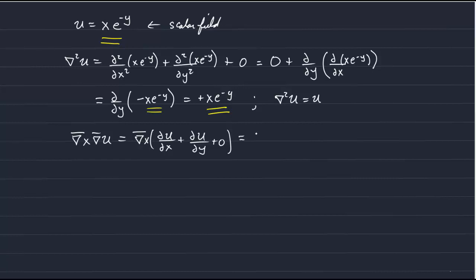And that is the curl of the partial with respect to x of u is just e to the minus y. Oh, and I forgot, I've got to remember that the gradient is a vector quantity, so I have to make sure I have my unit vectors here. I can't forget those.